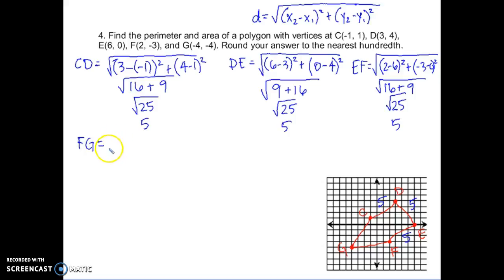So we've got the square root of (-4 minus 2) squared plus (-4 minus -3) squared. -4 minus 2 is -6, squared is positive 36. -4 minus a negative becomes plus. -4 plus 3 is -1, squared is 1. So this one is the square root of 37.